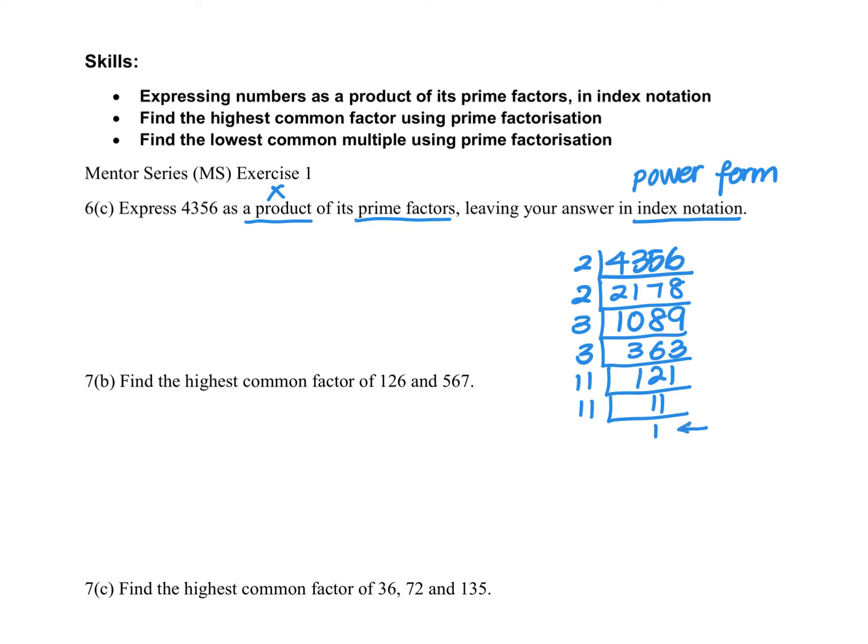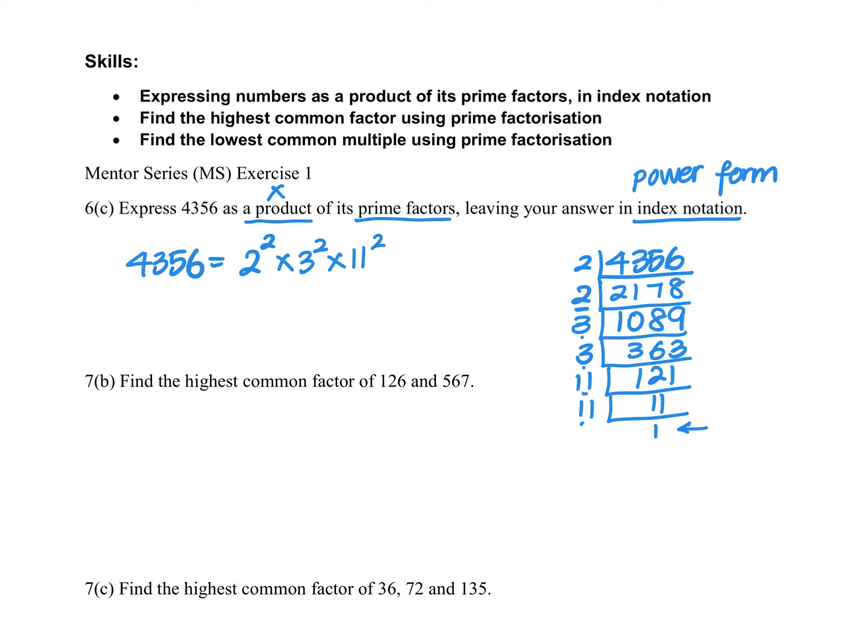The moment I get 1 over here, I will end my prime factorization, and I know that this number 4356 can be written as a product of 2 times 2, which is 2 to the power of 2, or rather 2 square, 3 times 3, which will be 3 square, and 11 times 11, therefore it's 11 square.